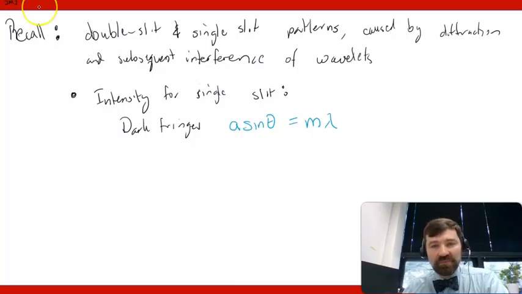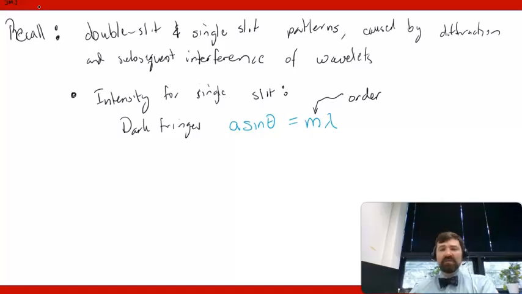If m is equal to 0, you actually get a bright fringe. That was the kind of weird exception to this. Okay, and then the overall intensity pattern was given by a sinc function.